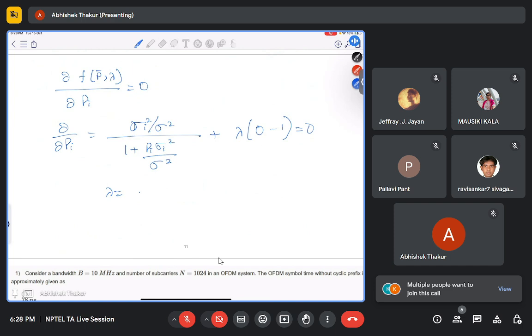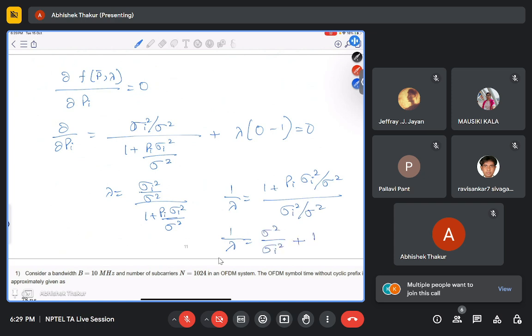Because it's minus lambda, lambda will be sigma i square by sigma square divided by 1 plus Pi sigma i square by sigma square. So 1 by lambda is equal to 1 plus Pi sigma i square by sigma square, that is, 1 by lambda will be sigma square by sigma i square plus Pi.